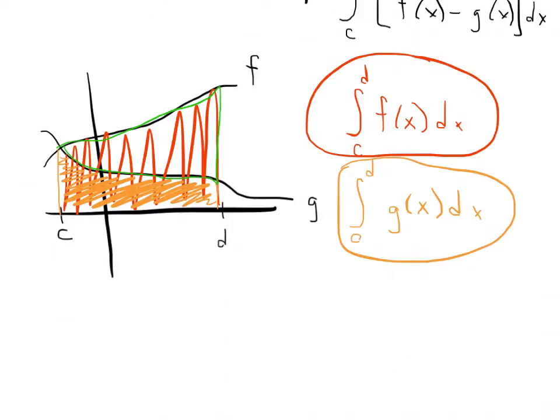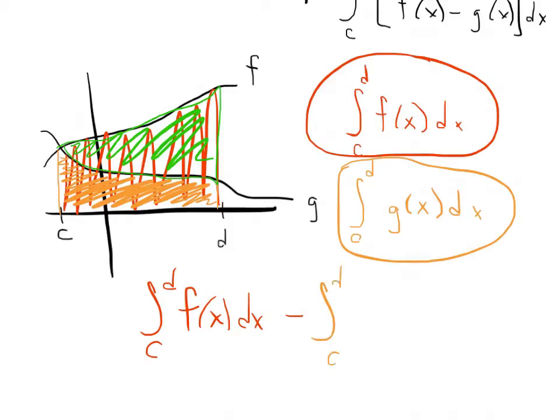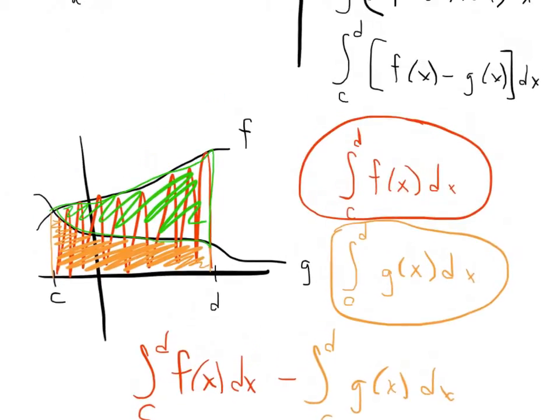So what we've effectively noticed is that this green area between f and g that we want is really just the integral from c to d of f of x dx minus the integral from c to d of g of x dx. But because these integrals are both with respect to x and are both going from c to d, I can just smash them together and get this combined integral.